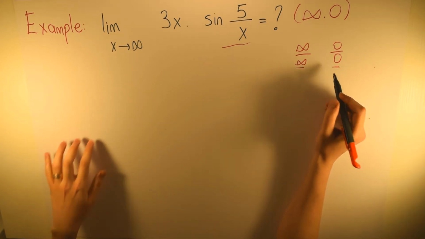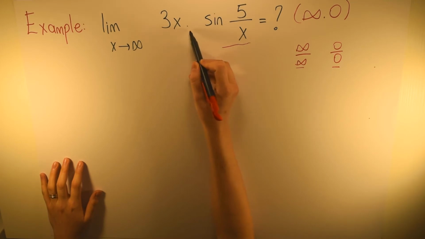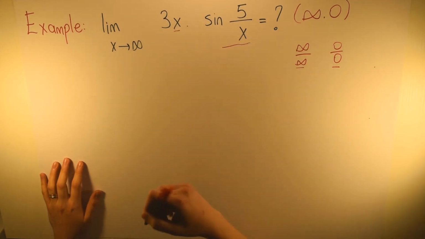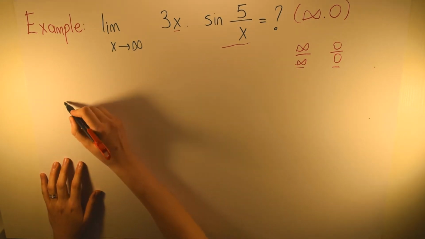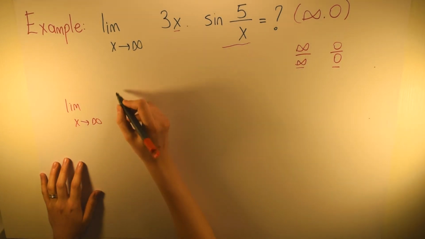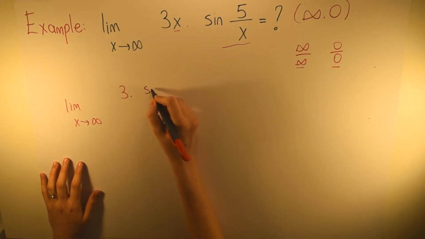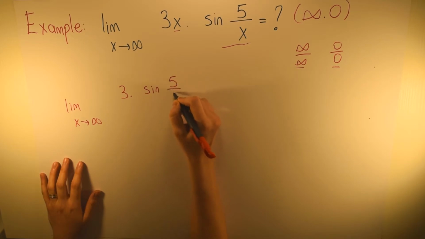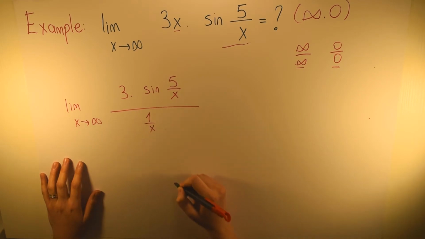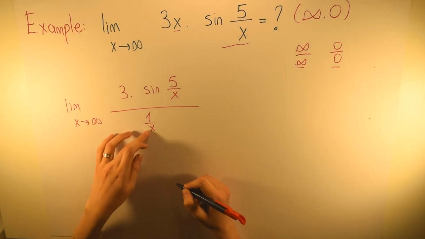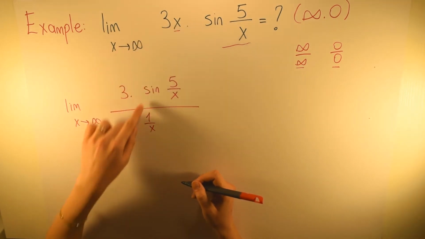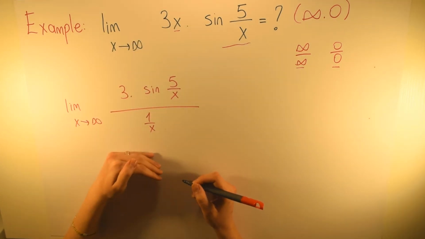We have 3x times sine 5 over x, so I can write this x as a denominator. How? I can write this as the limit as x goes to infinity of 3 times sine 5 over x, over 1 over x, right? It's actually the same thing. You just write this x as 1 over x in the denominator.